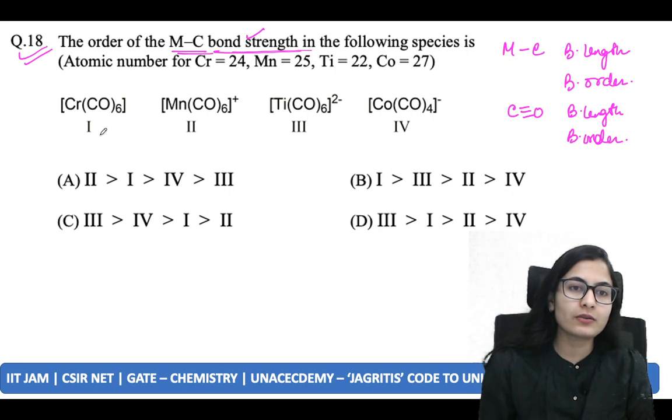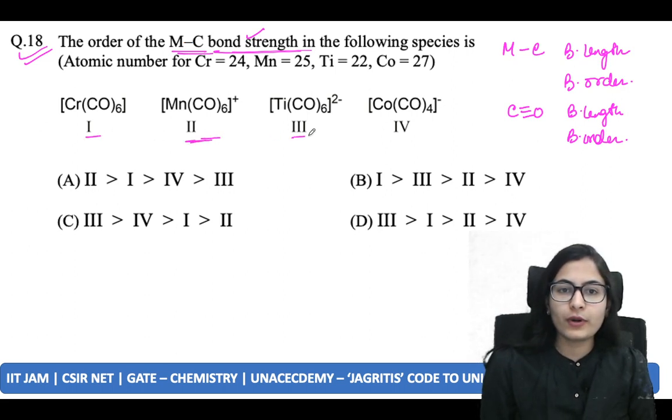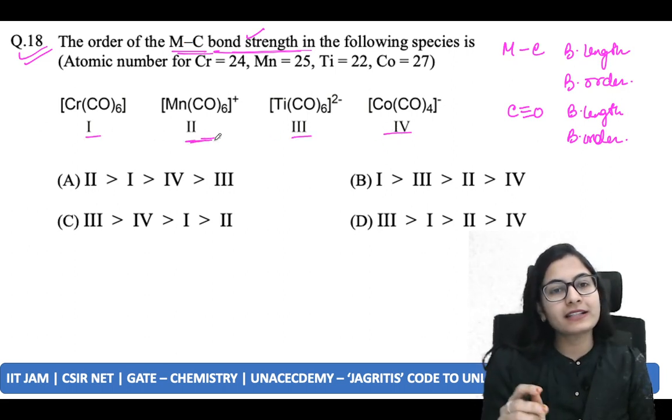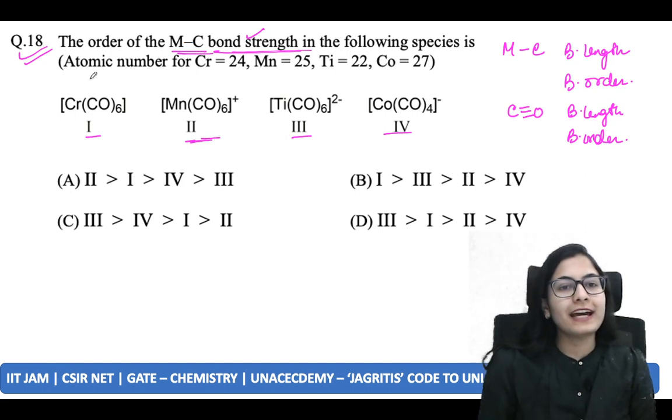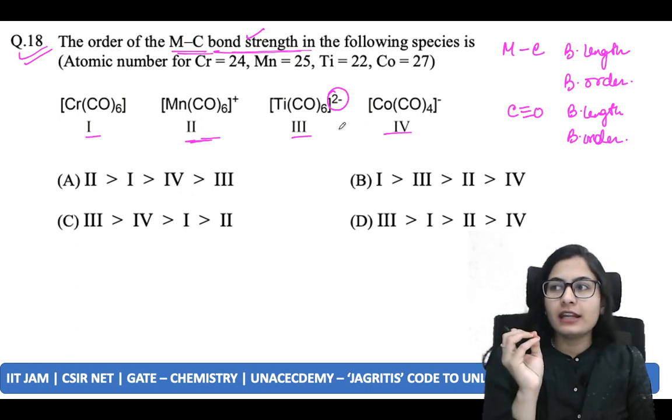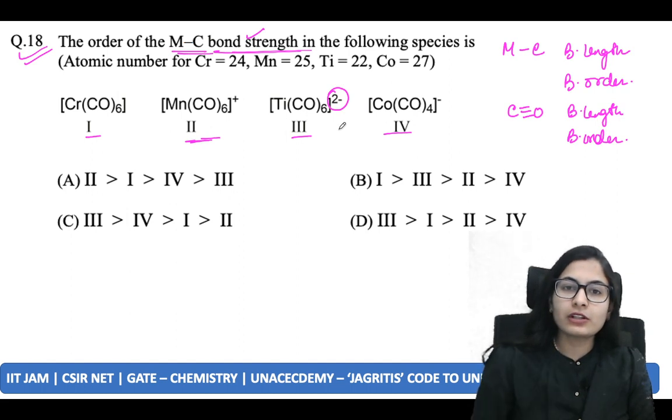Now what you have is 4 examples, 4 metal complexes in which you see that all of these are carbonyls, just that here there is a 2 minus charge on the complex, and definitely guys, carbonyl is neutral, so the charge is on your metal only.